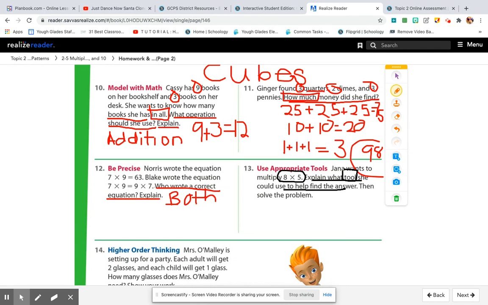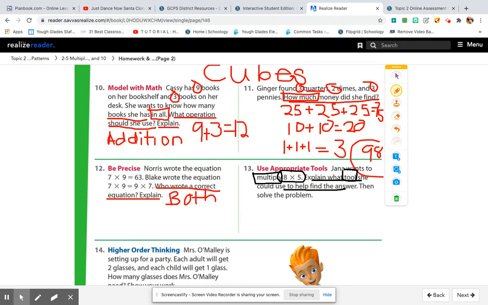We know the operation. The operation is multiplying. That is a clue that we're going to box that up. We're multiplying and we have to think of tools. So we have 8 times 5. So we could use a number line. We could use an array. We could make an array. That's something we could use to solve this.